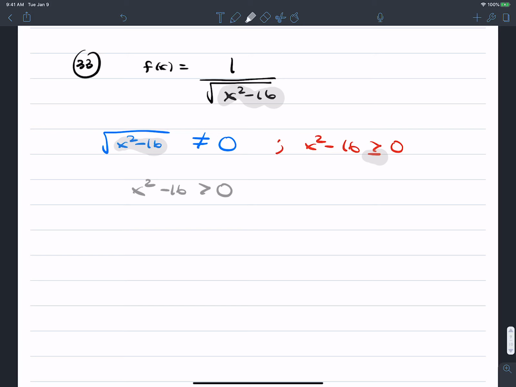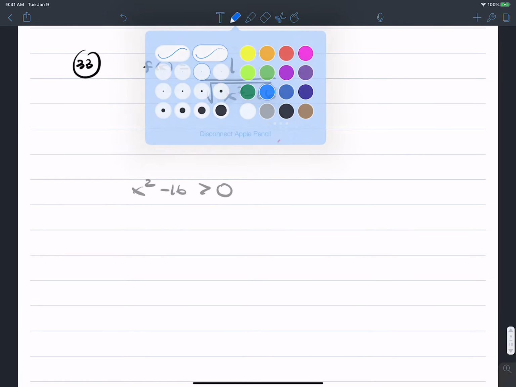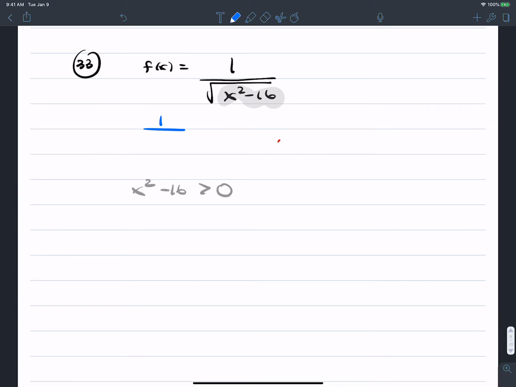So to make this very easy for you to remember, let's go back. If you ever have a situation where you have 1 over the square root, then when you're looking for the domain, set what's under the radical to be strictly positive, and solve for x. So this is for domain questions, and that's exactly what we did.